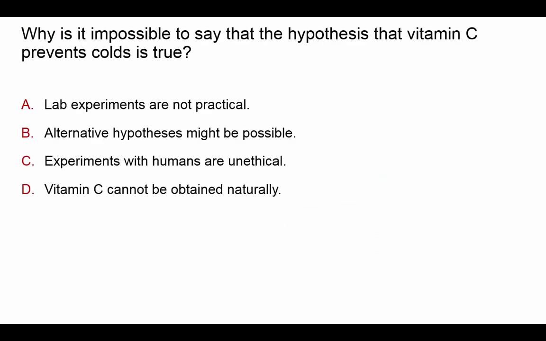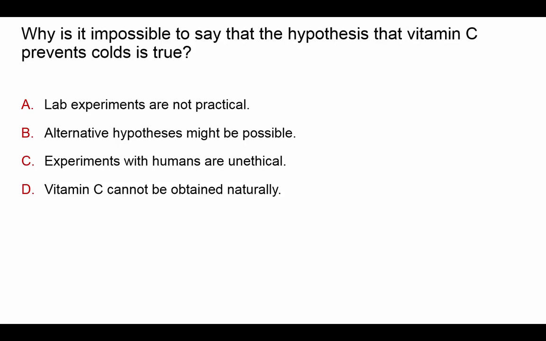Why is it impossible to say that the hypothesis that vitamin C prevents colds is true? Is it because lab experiments are not practical? Could you bring your test subjects into your lab and perform this experiment? Might be a little difficult to do that, to get them to stay long enough to really see the results. Alternative hypothesis might be possible.